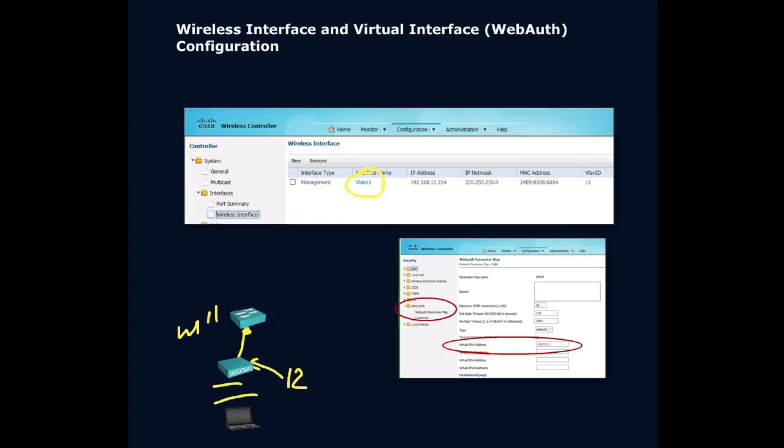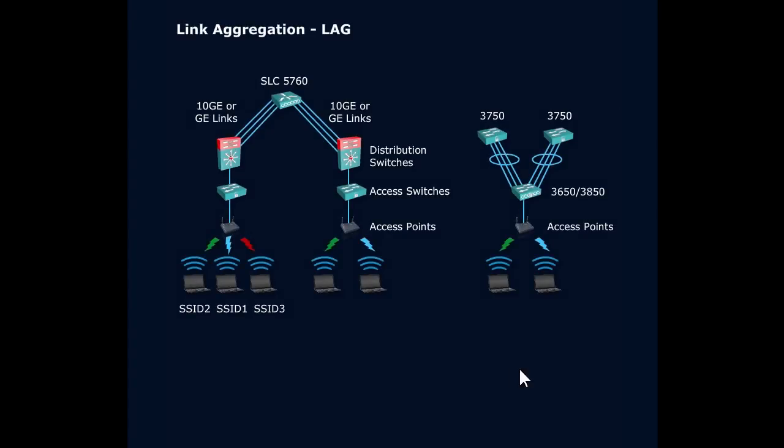If it is establishing a CAPWAP tunnel to a wireless LAN controller that can be discovered on the network beyond there, then because I'm not using the wireless interface VLAN, now this access point can find a remote wireless LAN controller. So if I need to keep it consistent with a different environment, I can do so and I can discover that because it's not using the wireless interface VLAN. But if you want it to be the same, converged mode access, it must match. The access point VLAN must match the wireless interface VLAN and of course have appropriate network IP schemes that are going to function and work correctly.